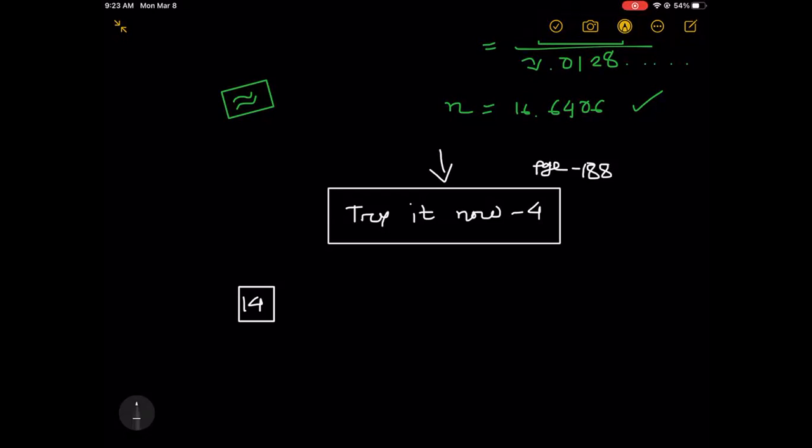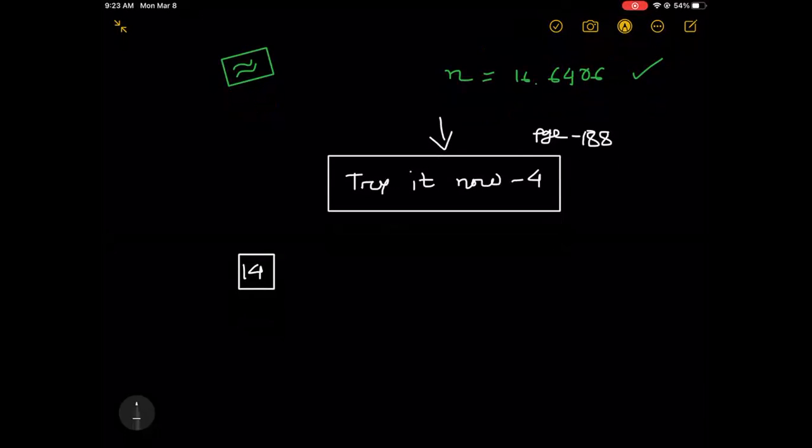We need how many filters? So we're looking for n here, where n is the number of filters we'll need, and pn is given, which is 500.